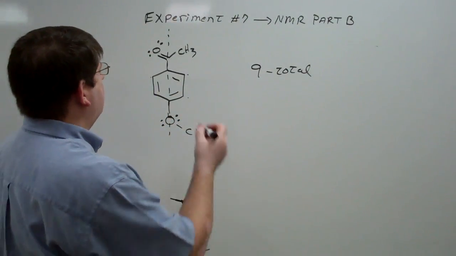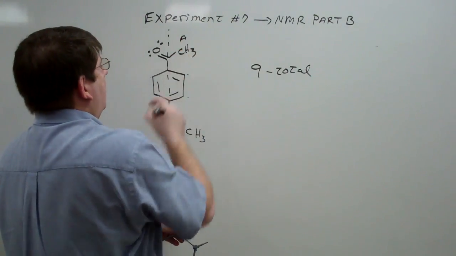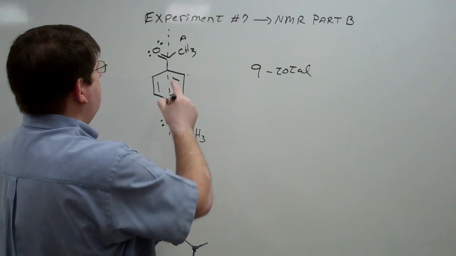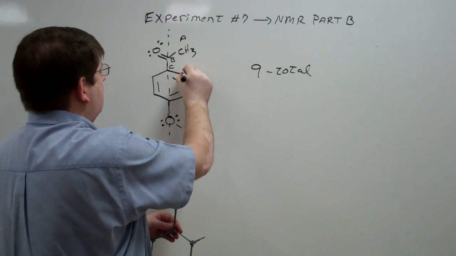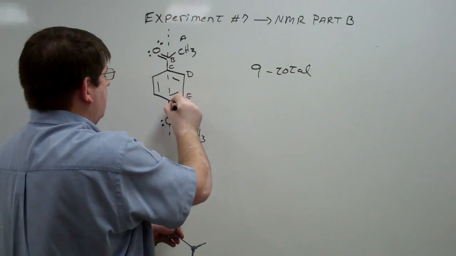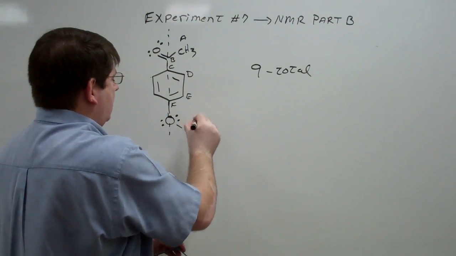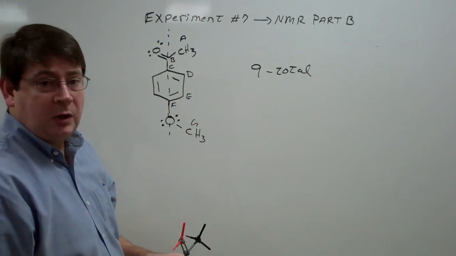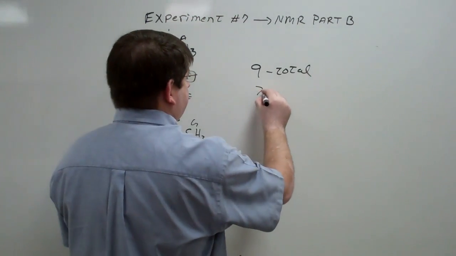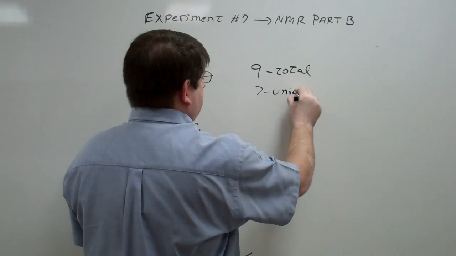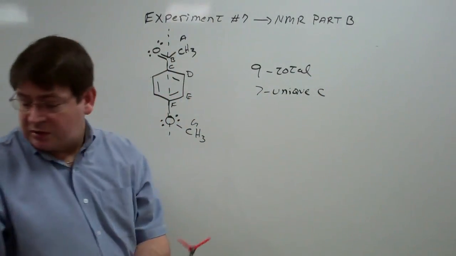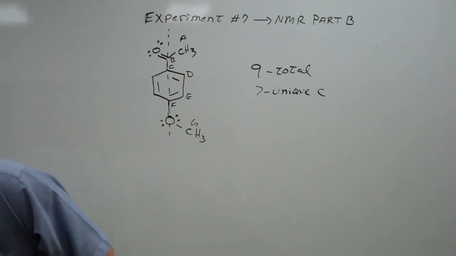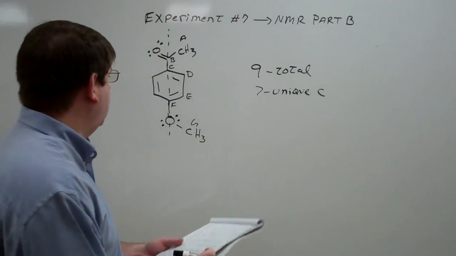So what we would expect to see then is, when I'll just label them A through G, we see A, B, C, D, E, F, and G. There's only 7 unique carbons. So we're going to see 7 signals in our predicted NMR spectrum that we're going to put together here.